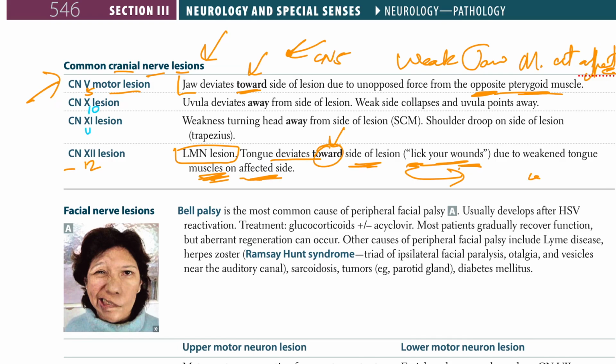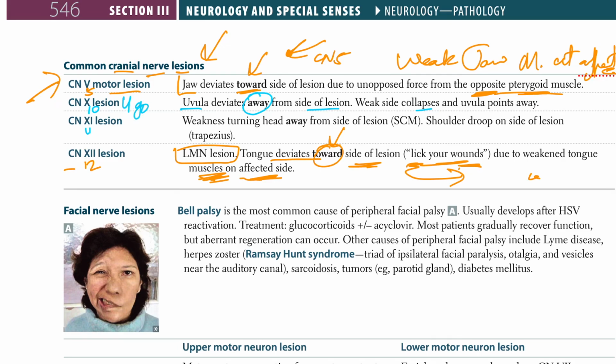If you have a CN10 lesion, the uvula would deviate away from the side of the lesion. Weak side collapses, and the uvula points away. The mnemonic is you go away.